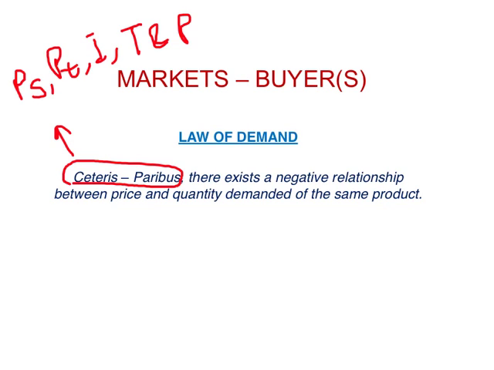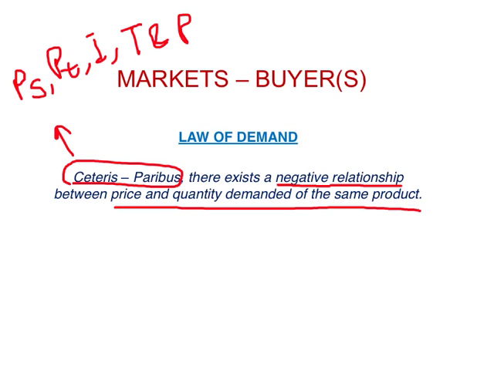So ceteris paribus, holding all other variables constant, there exists a negative relationship, and you know the meaning of negative relationship. That is, price and quantity demanded move in an opposite direction. So the law of demand is ceteris paribus, there exists a negative relationship between price and quantity demanded of the same product.